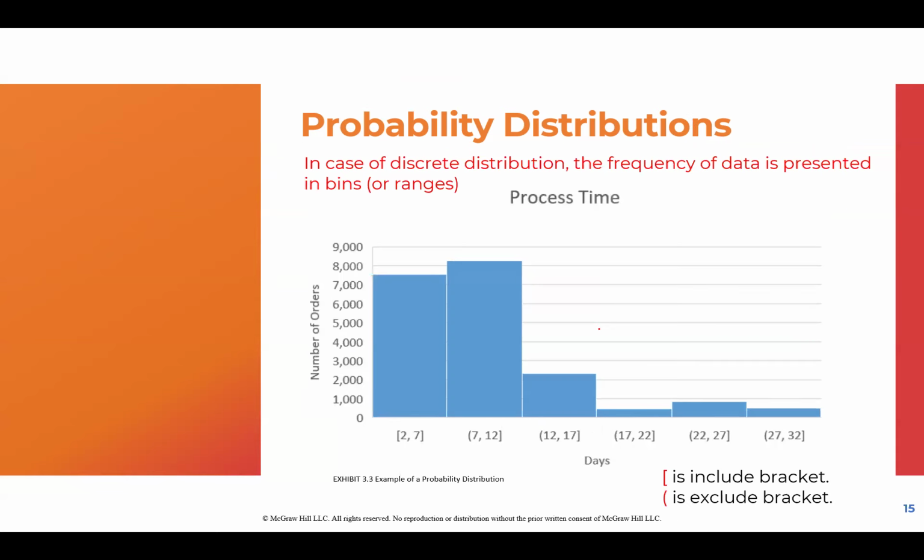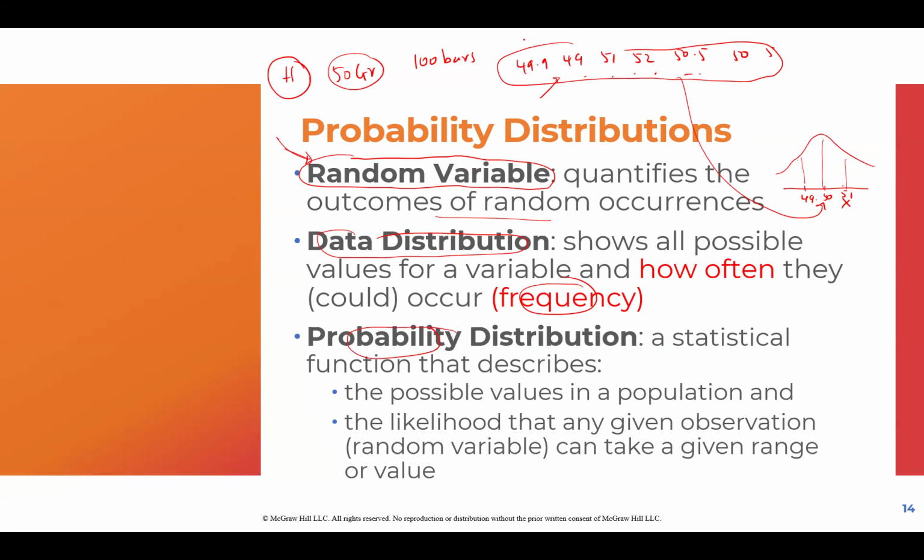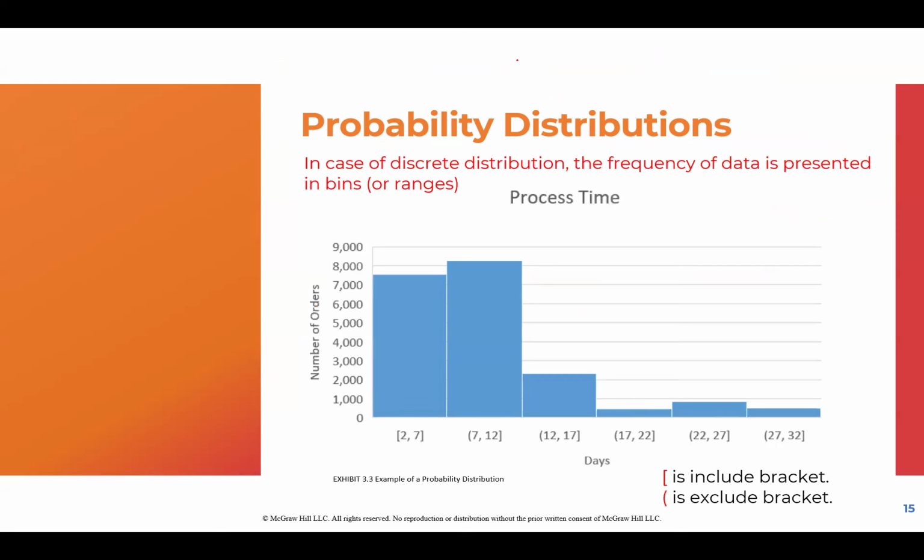With that knowledge, you will be able to plot a distribution. When you have these values, you want to plot them and create some bins. You plot them in bins, with the number of values in each bin. For example, 2 to 7, 7 to 12, 12 to 17. These are bins, basically ranges.